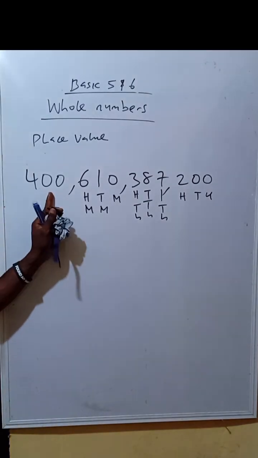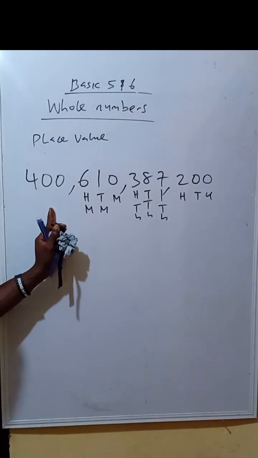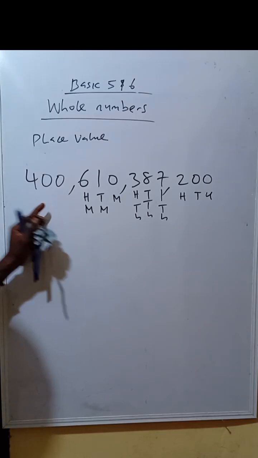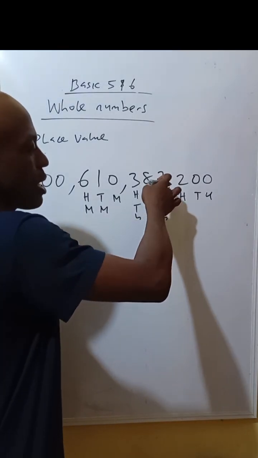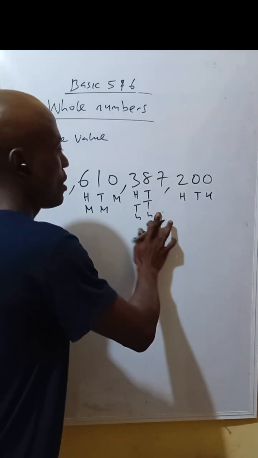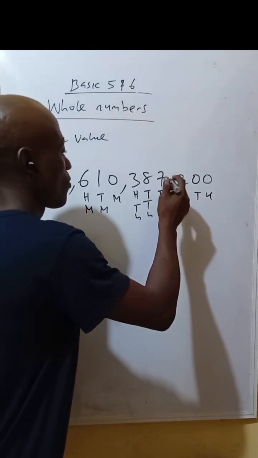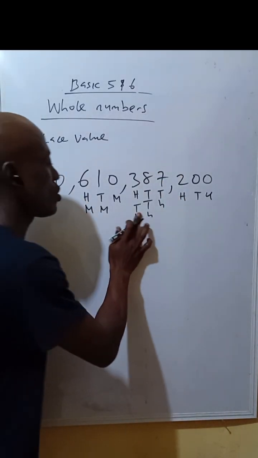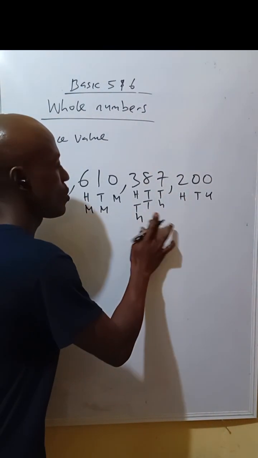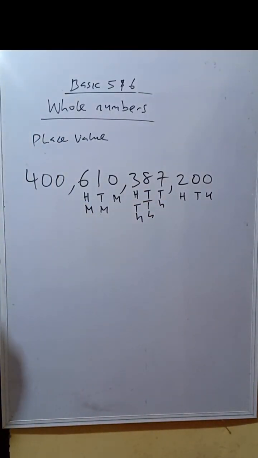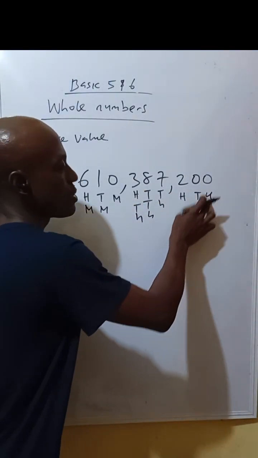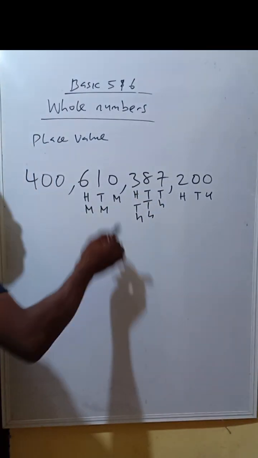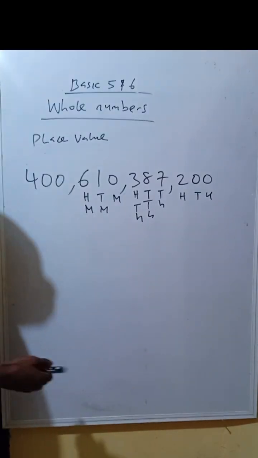Then after million, you go to billion. This here is like a line. Because of my comma, let me write it 1,000. Let me write this comma properly for easy understanding. So this is unit, tens, hundred, thousand, 10,000, 100,000, million, 10 million, 100 million.